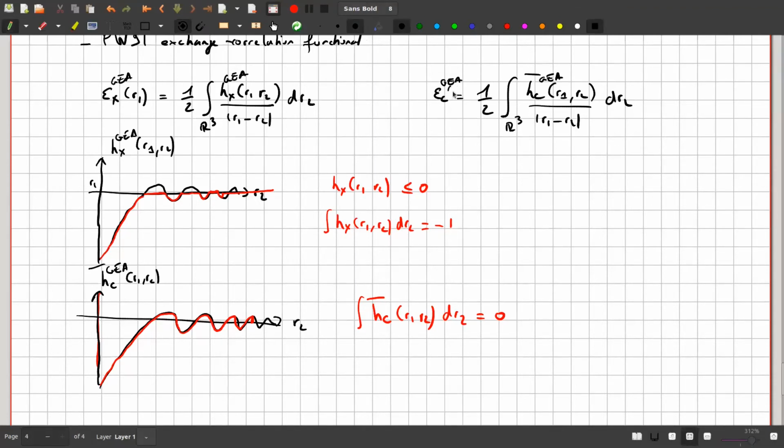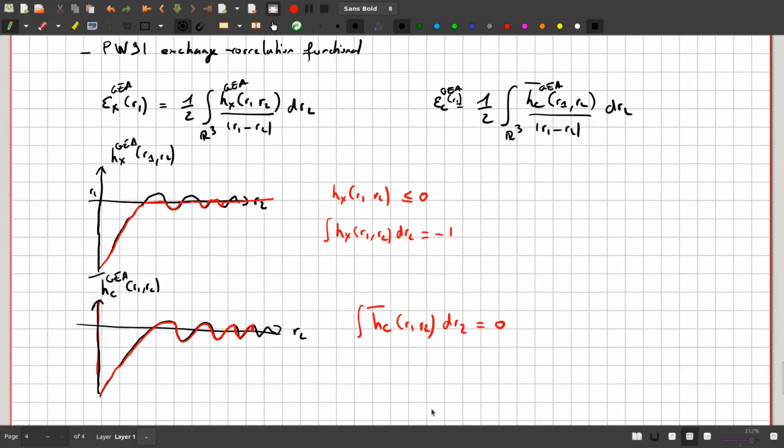Okay, and so this is what the Perdew-Wang 91 functional is. So there are no parameters fitted to empirical data, or I mean to experimental data, but just a fit of numerical results.